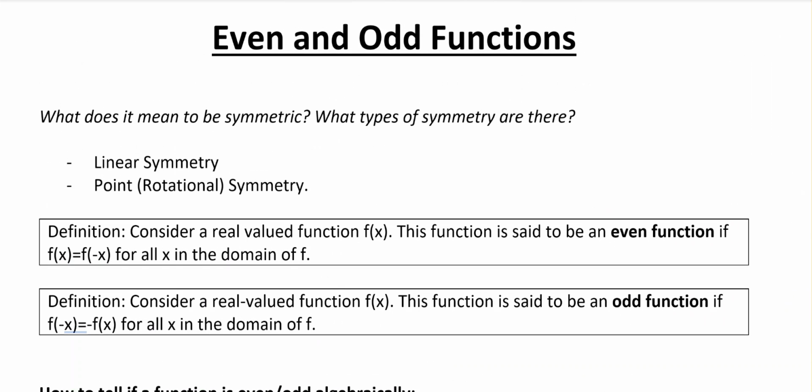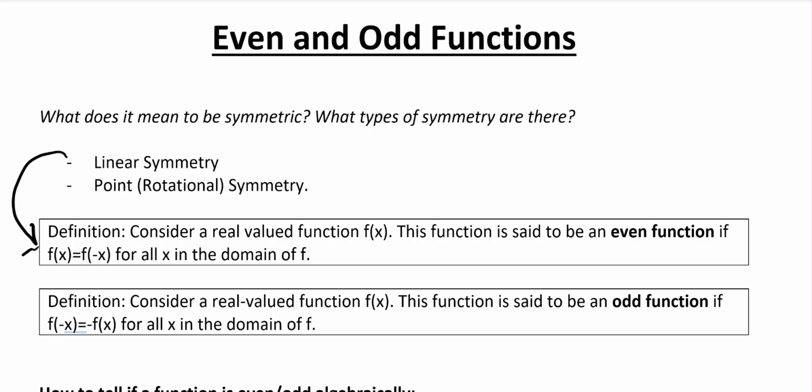We say that a real valued function, and this works for complex valued functions too if you know those, is said to be even if f of x is equal to f of negative x for all x in the domain of f. All that says is if instead of putting in x, you put in negative x, you'll get out all the same values as if you didn't put in the negative at all. This is an example of linear symmetry.